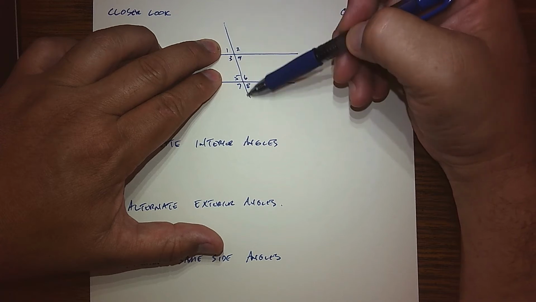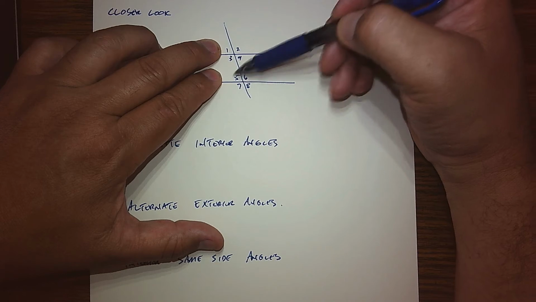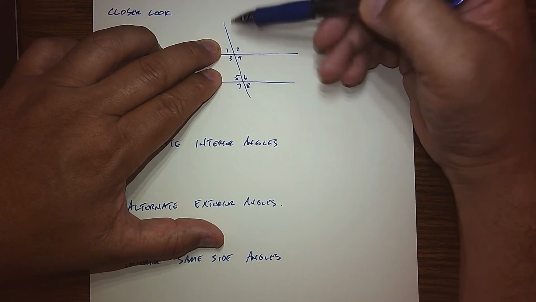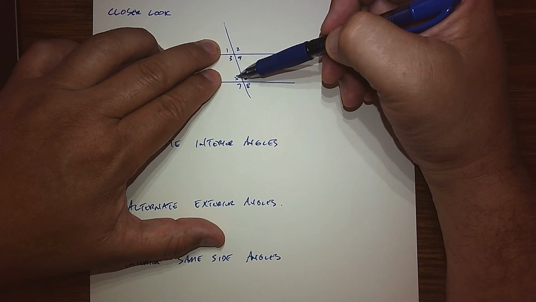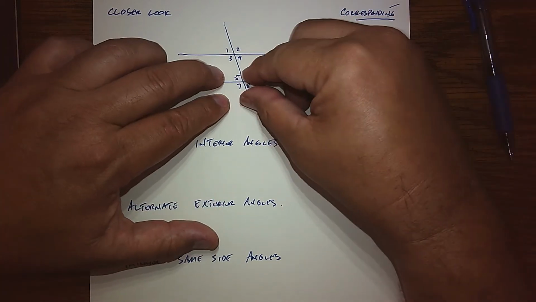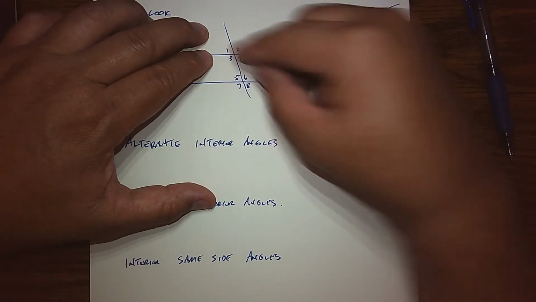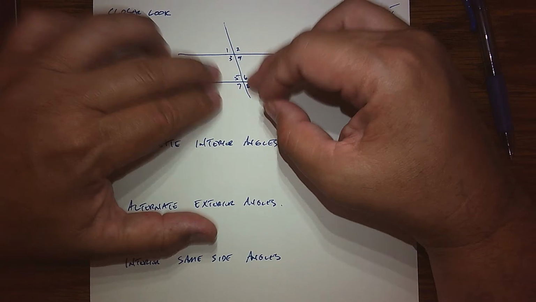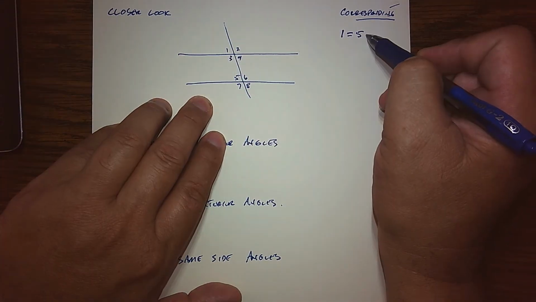This transversal is the same line, and so this picture here is geometrically the same as this picture here. So 1 and 5 are not only corresponding, it's pretty much the same picture. I could take this picture, pick it up, put it over, and 5 would cover the 1. Because it's the parallel lines, they're the same. So 1 and 5 are corresponding, which makes them equal.